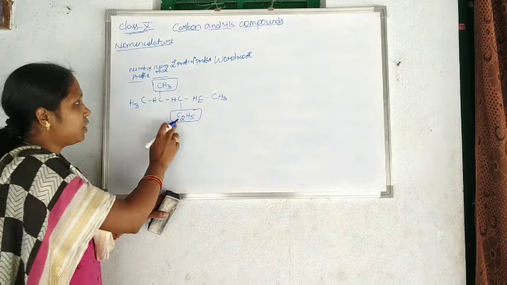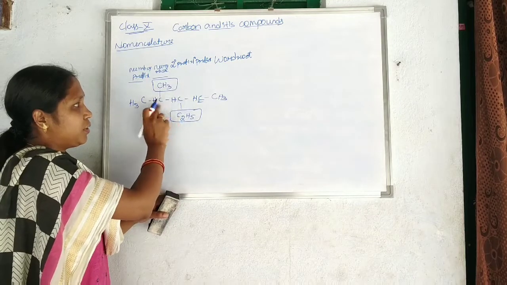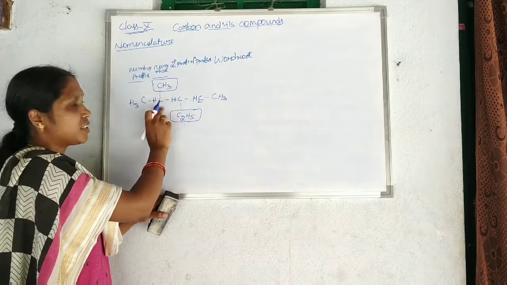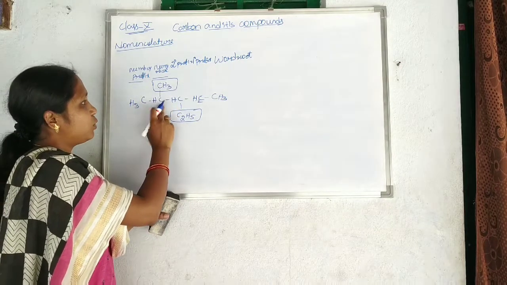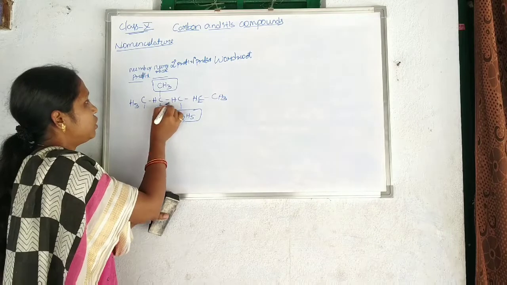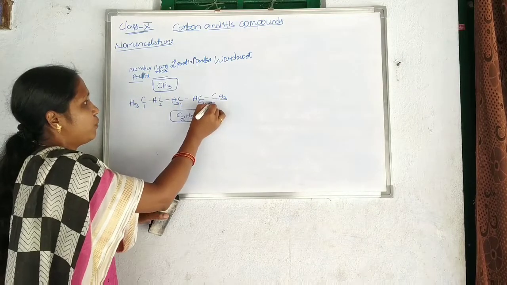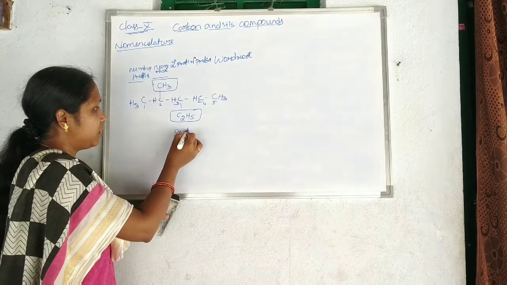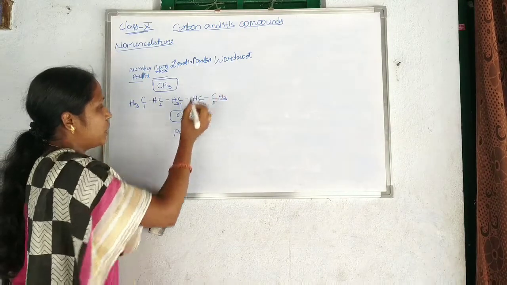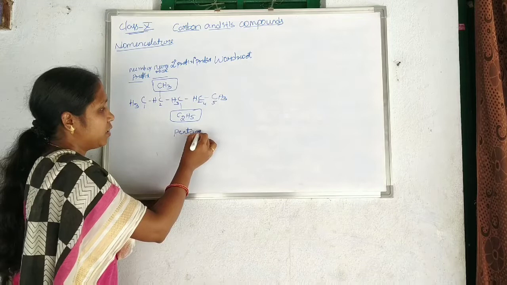And both are present on different carbon atoms, not on the same carbon atom. So in that case, first you should write the root word. 1, 2, 3, 4, 5, so 5 carbon atoms are there. Means the root word is pent. All are saturated, so the primary suffix is ane.